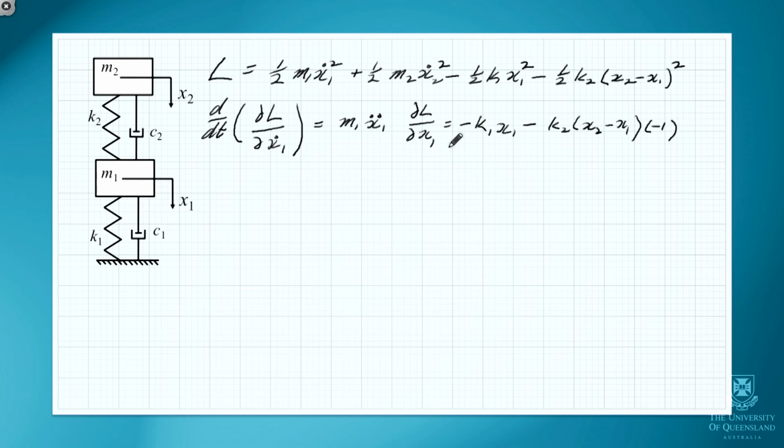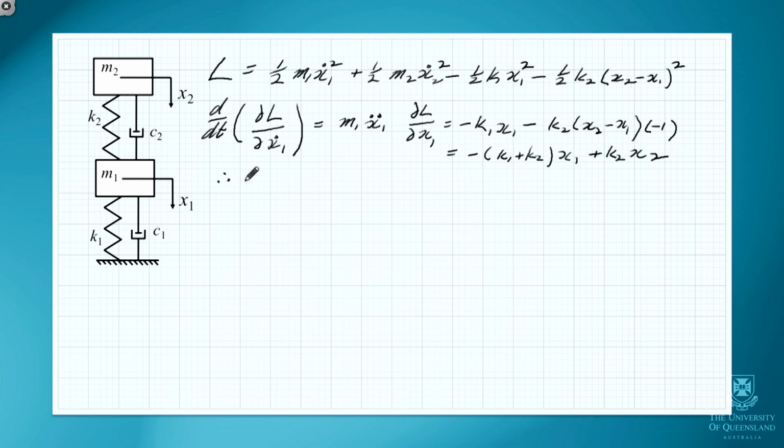And we could tidy that up a bit. Group together the terms in x1. It's minus (k1 plus k2). And the term in x2, I've got two minus signs cancelling. That's going to come out positive. It's k2 x2. So we put those two together to get our equation of motion.